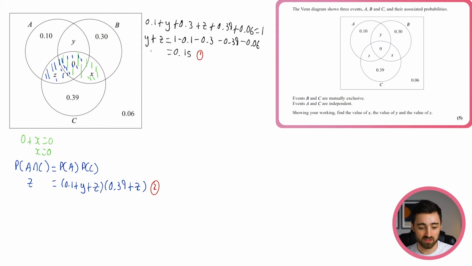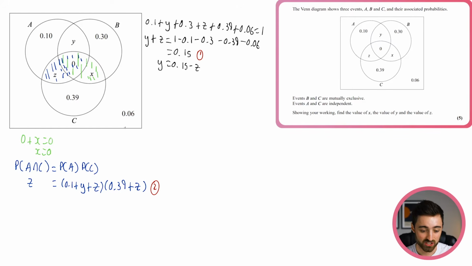So why don't I use this one here to eliminate one of the variables? And it doesn't really matter which one you do. Why don't I eliminate y? So this one here, if I take z, I'm going to get y is 0.15 minus z. Stick that in here. It's probably going to get messy.